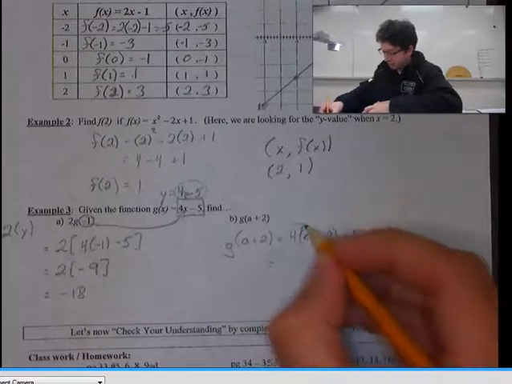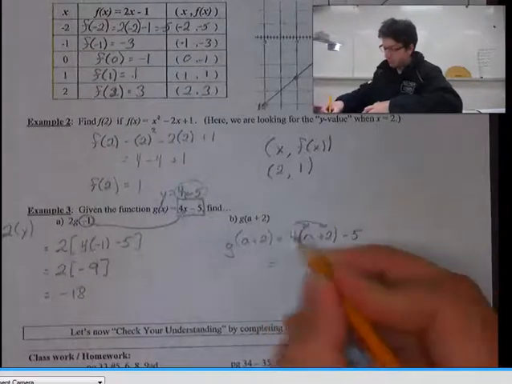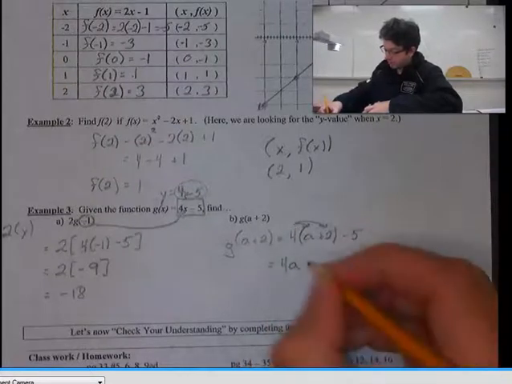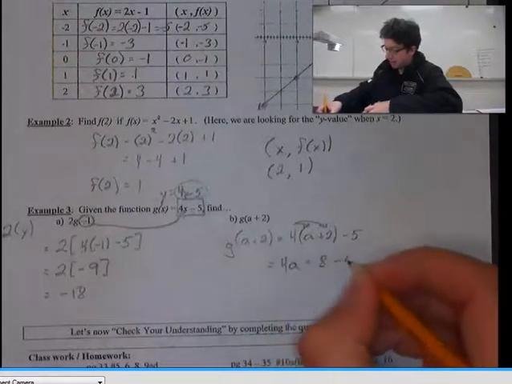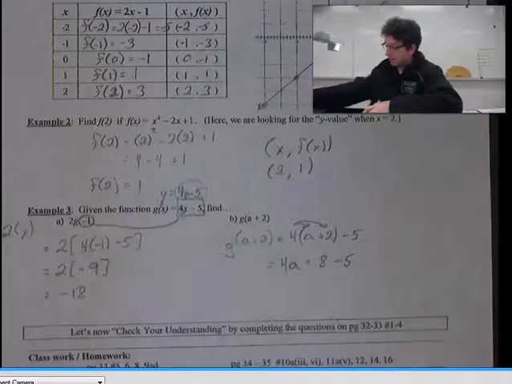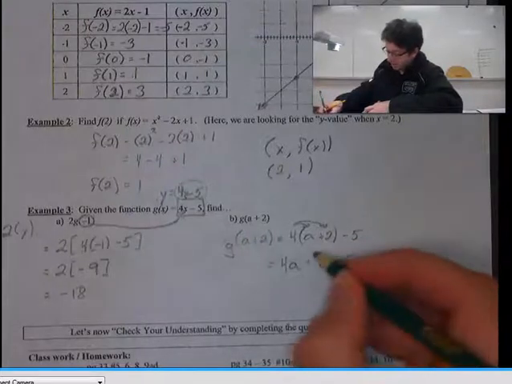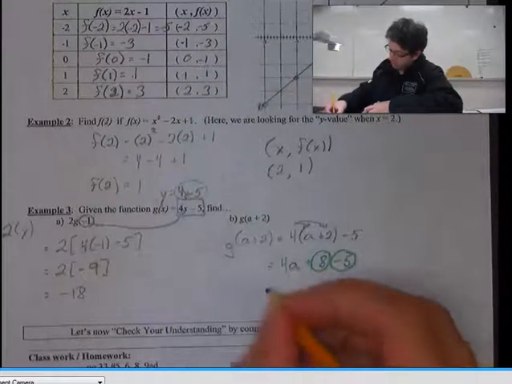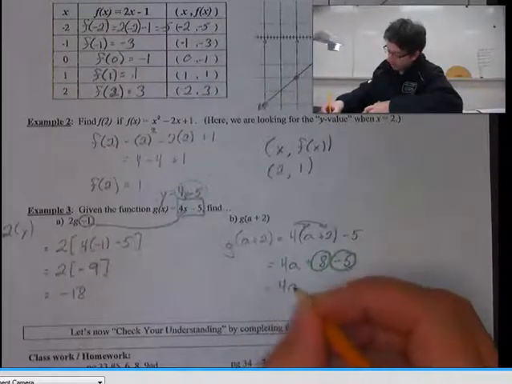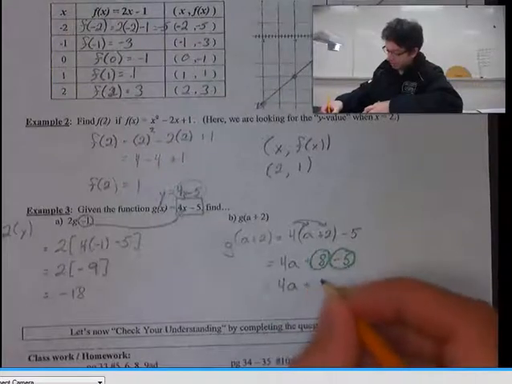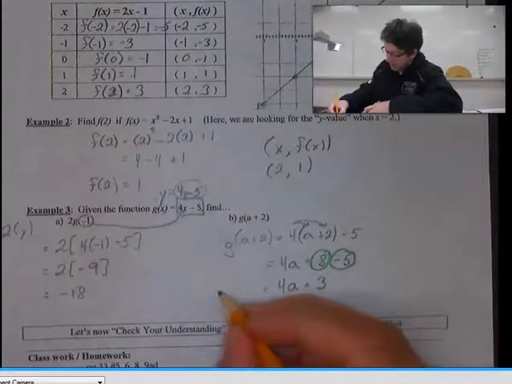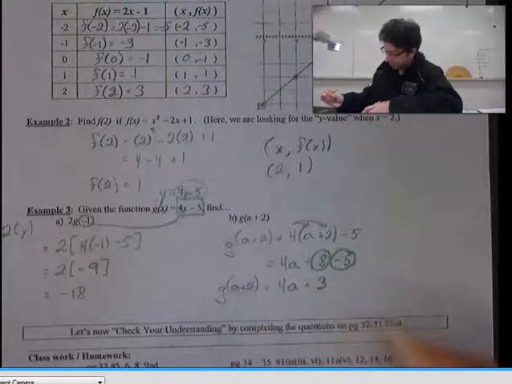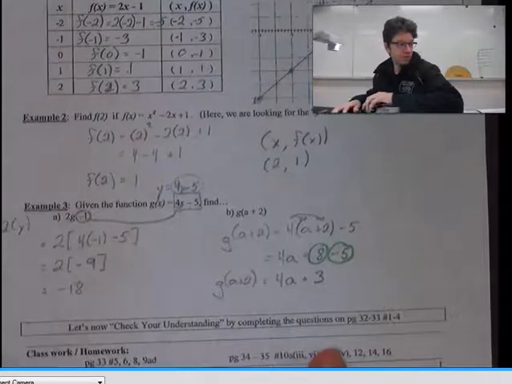So we're going to use our distributive property. This will give us 4a. 4 times 2 will give us 8. And then we have to subtract 5. Here we're going to collect like terms, in which case our constants at the end are like terms. So we have 4a and then 8 minus 5, so plus 3. So that is the value of this function at a plus 2. Okay, I'm going to stop there.